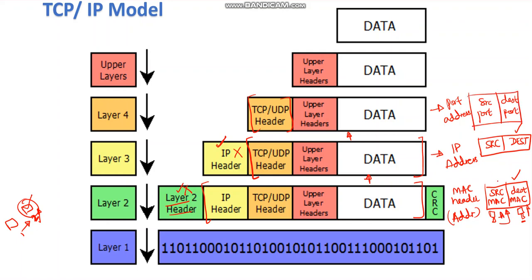Now again, similar to how we saw MAC address and IP address verification, the host will verify whether the destination port matches the port that is configured in the host or the ECU. Then it removes the header and sends the remaining data to the upper layer.